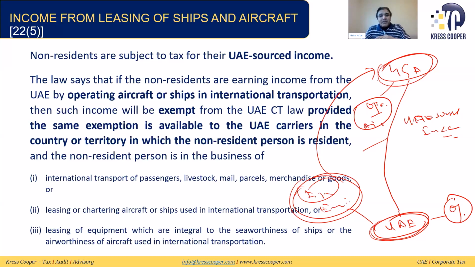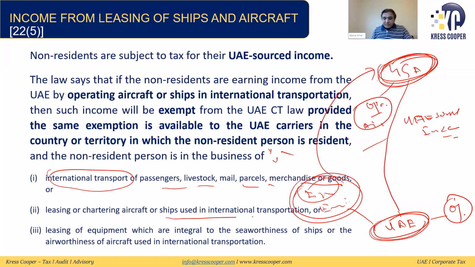But these are also subject to certain conditions. These exemptions will be available to UAE carriers in the country in which the non-resident person is a resident, and the non-resident person is in the business. Meaning they are asking this USA company, the non-resident person, is in the business. What type of business? International transportation of passengers, livestock, parcel, merchandise, or leasing or chartering of aircraft, ships, or leasing of equipment which is integral to the seaworthiness of ships or the airworthiness of aircraft used in international transportation.